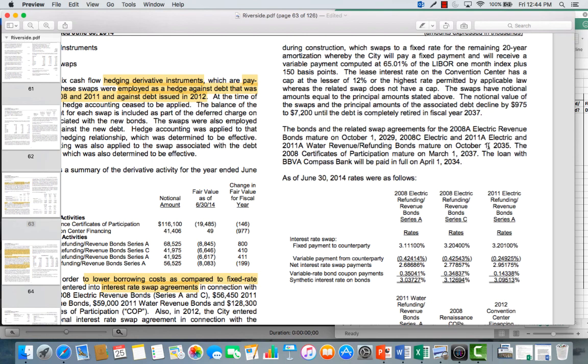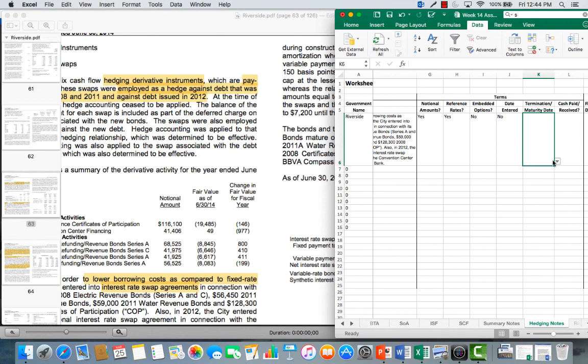These bonds that are hedged mature in 2035, 2037, 2034. So you can see that in each of these cases the derivatives are hedging and are around as long as the debt is outstanding, and therefore they are in fact disclosing the maturity dates.